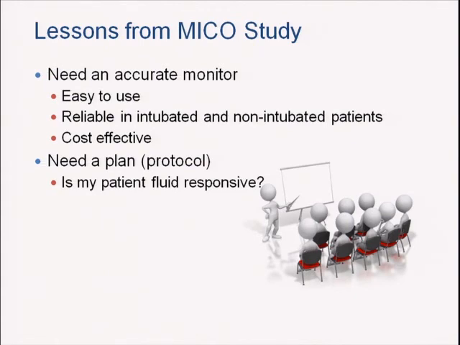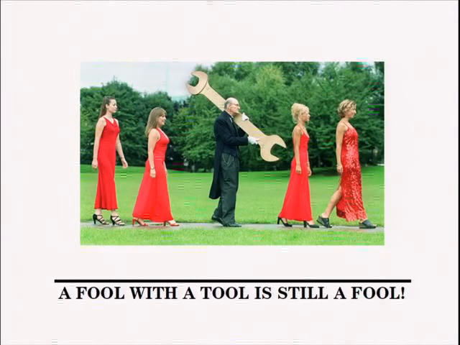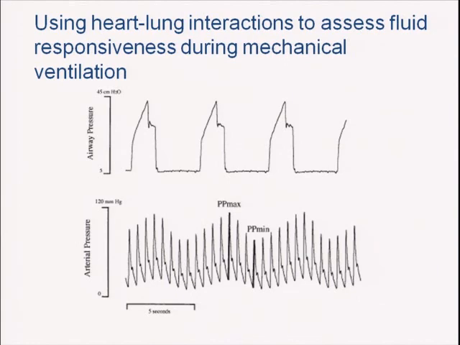It needs to be cost effective. And then most importantly, you need to have a plan. You can't just give your clinicians a device without giving them some kind of instruction or plan on how to use the device. So really, just remember that a fool with a tool is still a fool. If you give them a device, it's not going to make them understand hemodynamics any better.